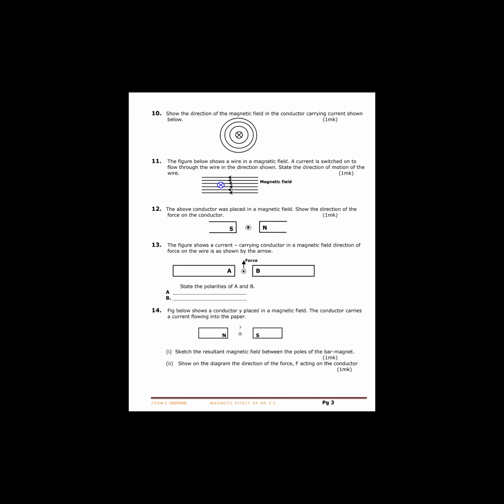Anti-clockwise. Anti-clockwise, eh? Reason? Why anti-clockwise direction?